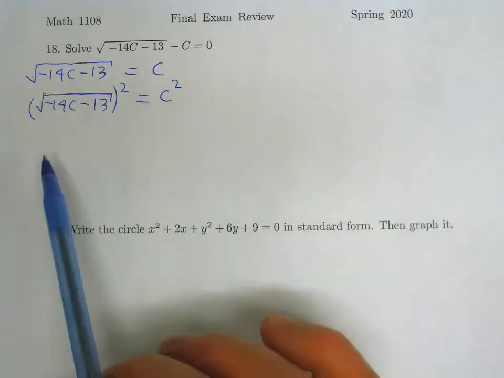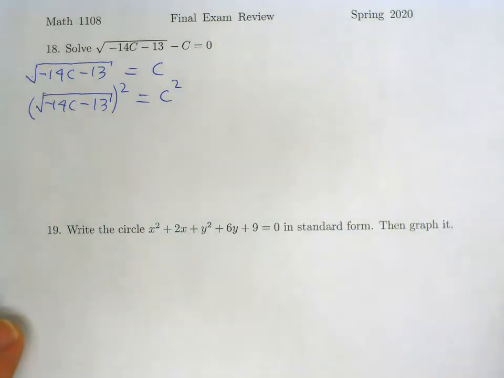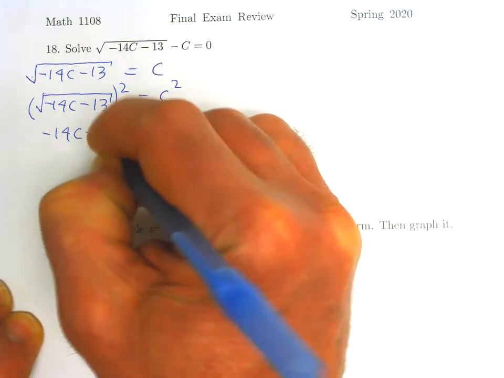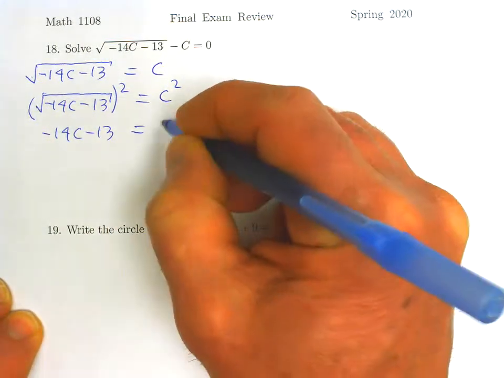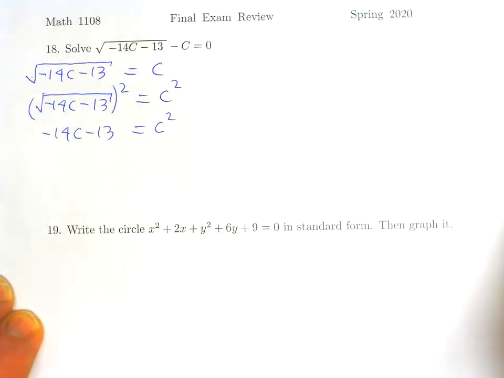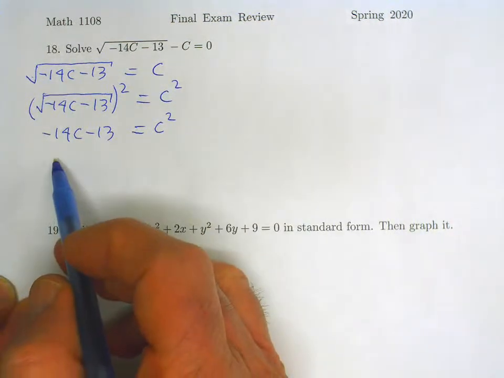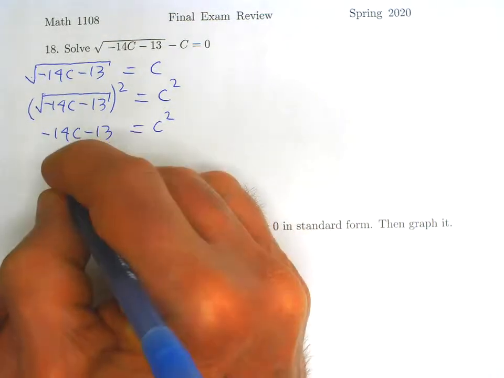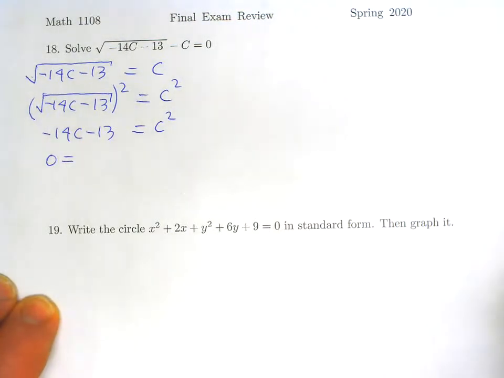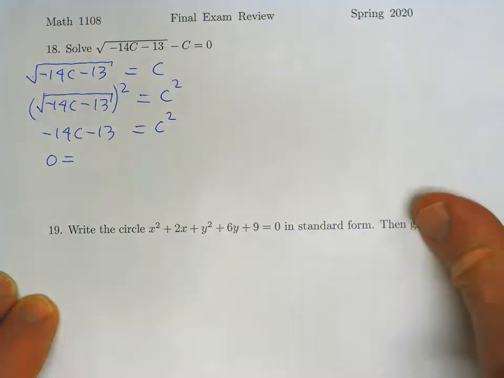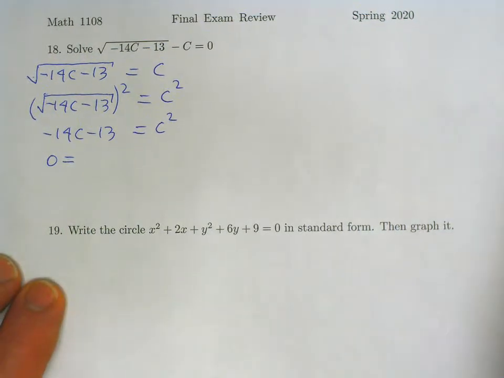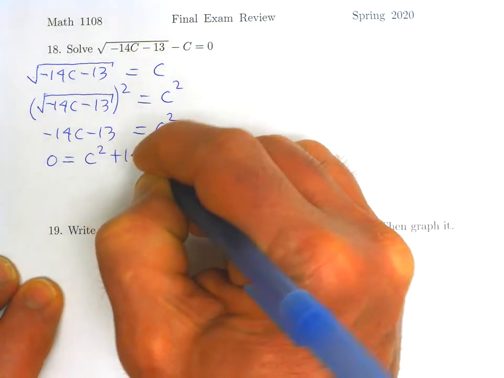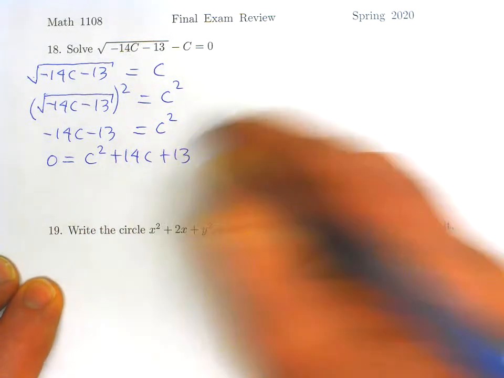When you square the square root of negative 14c minus 13, you just get negative 14c minus 13, and the right-hand side is c squared. So this is a quadratic equation in the variable c, so if we add 14c to both sides and also add 13 to both sides, we get 0 equals c squared plus 14c plus 13.